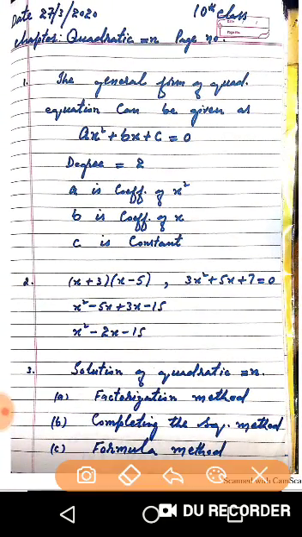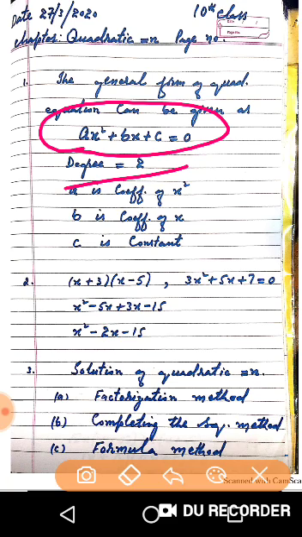Okay, let us start. Point number one about this chapter is this: the general form of quadratic equation can be given as ax square plus bx plus c equal to 0. You see here, the degree of this quadratic equation is 2, which is a must. When the degree or highest power of the equation is 2, it is said to be a quadratic equation.